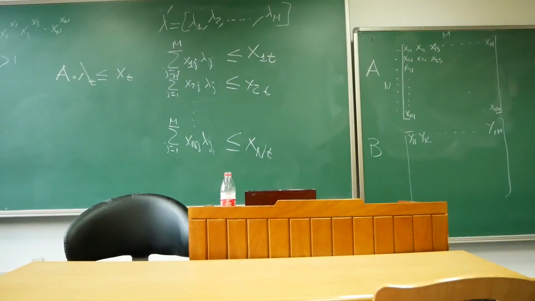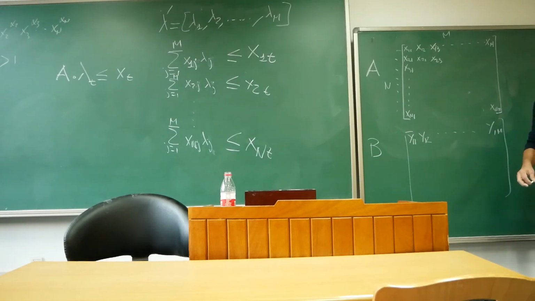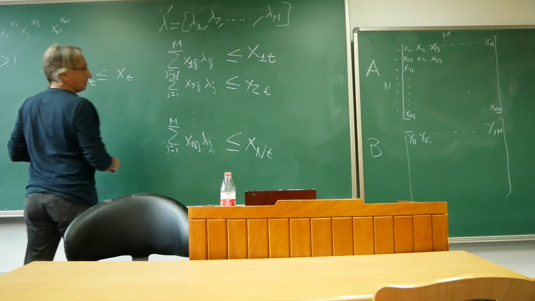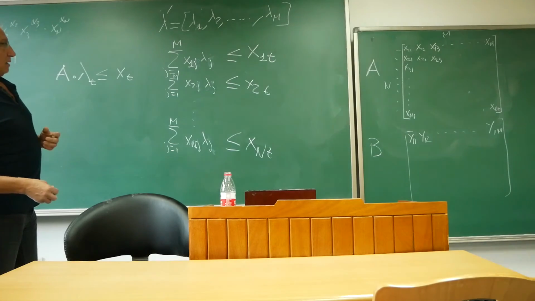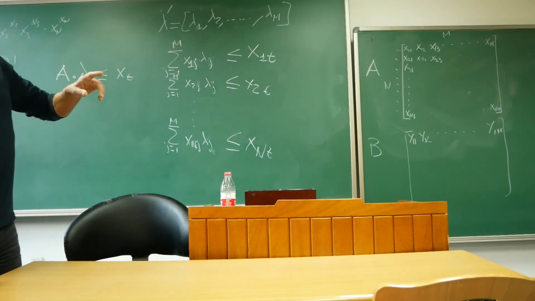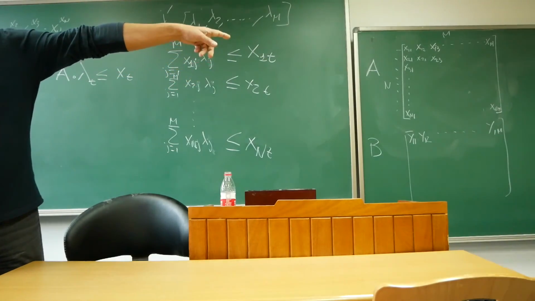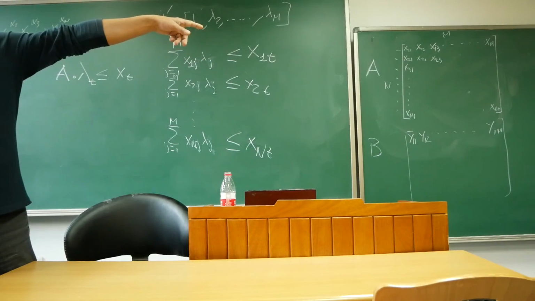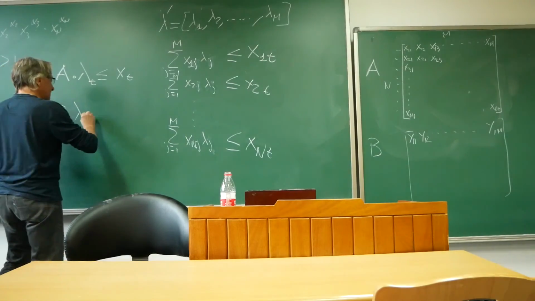Correct? You see immediately that if we repeat this for the output matrix, what do we get? I always get confused, that's why I need your help. So those are the outputs, right? So if I take a row of B and multiply for a column of lambda, so if I do B times lambda t, what do I get?